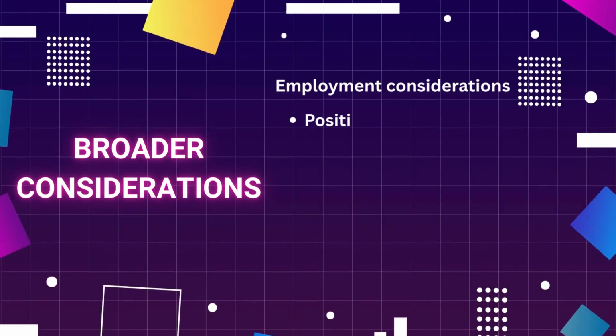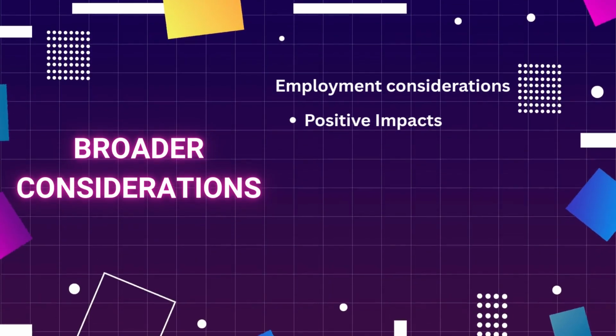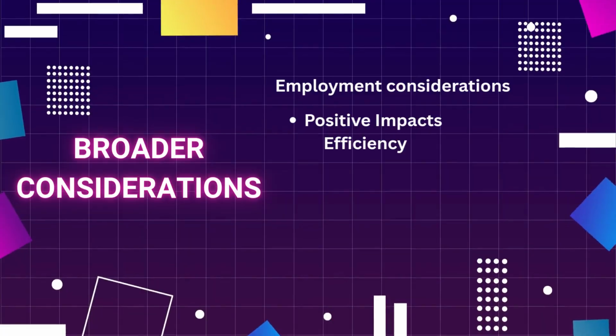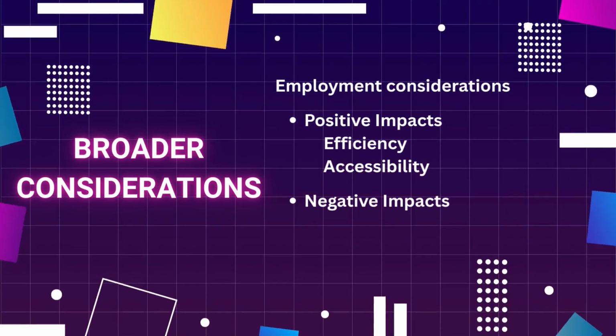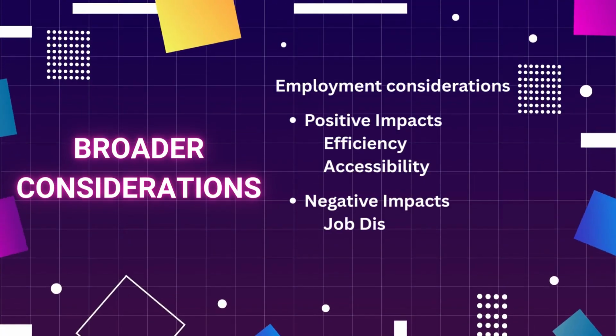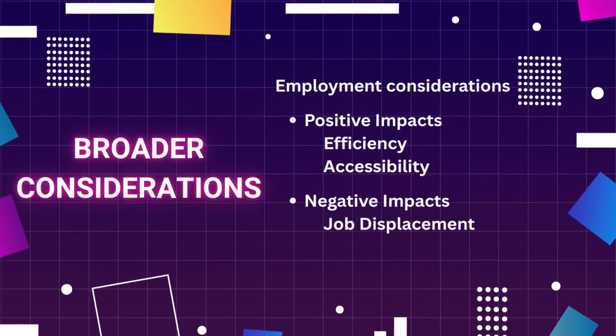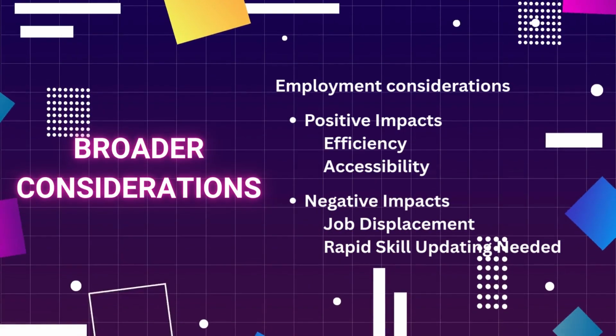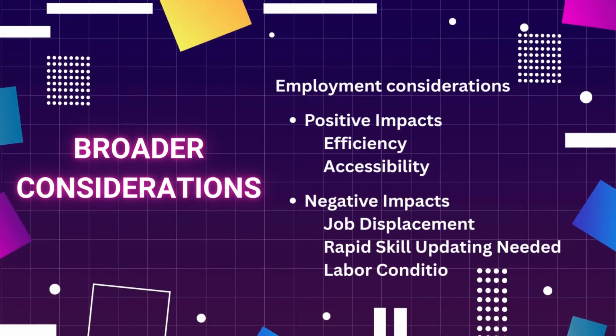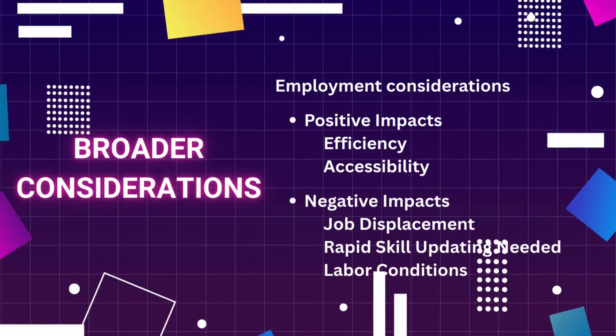AI affects workers across many industries, sometimes positively, sometimes negatively. Positive impacts can include things like efficiency, where AI can reduce repetitive tasks, making jobs easier and faster, and accessibility, where tools like automatic captioning help people with disabilities work more independently.